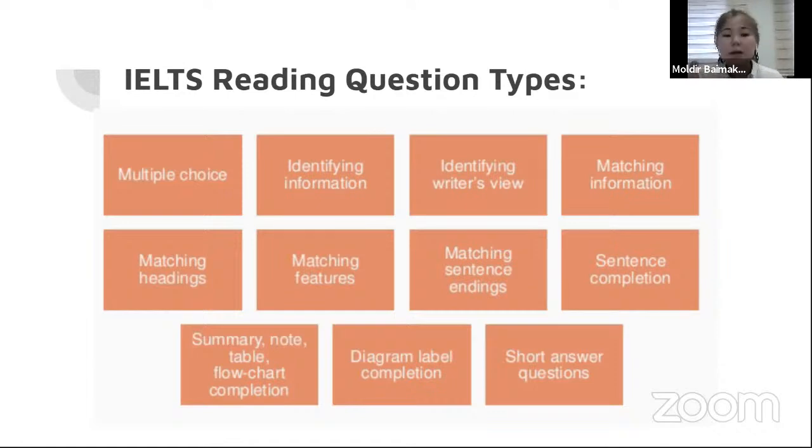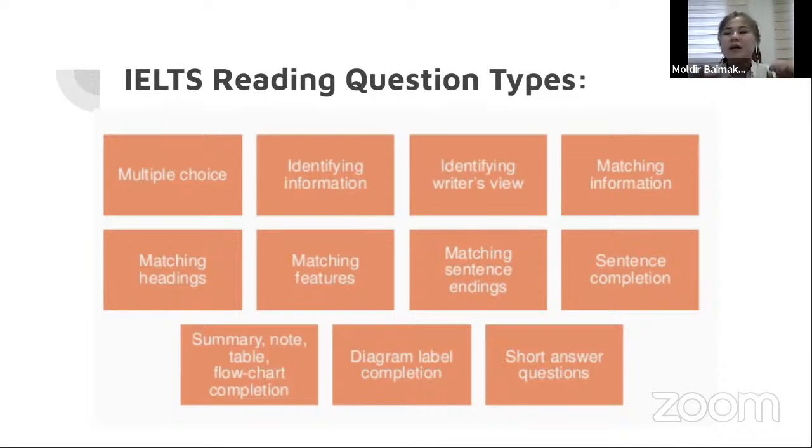How it works is that we read the statements and highlight the keywords. We try to find their synonyms most of the time in the text, and we compare the information between each other. If they match, then it's true. If they don't match, and actually if they contradict each other, then it's false.